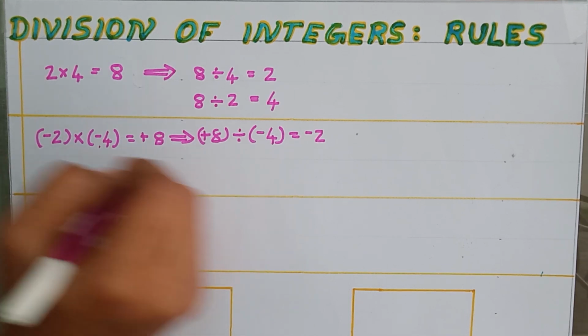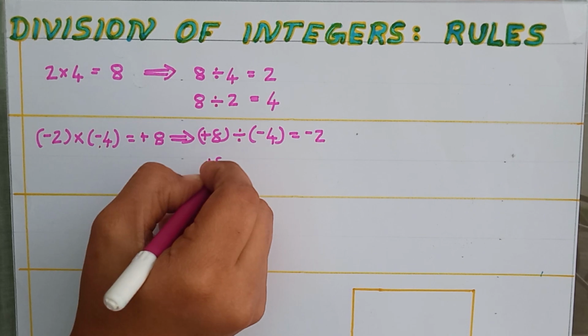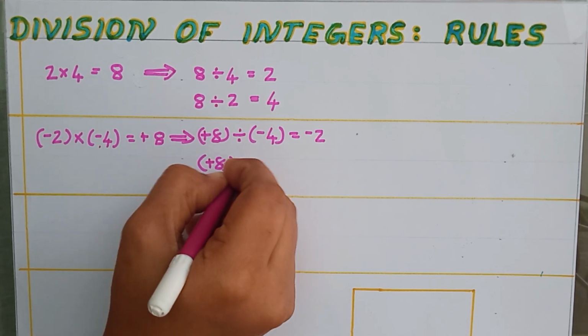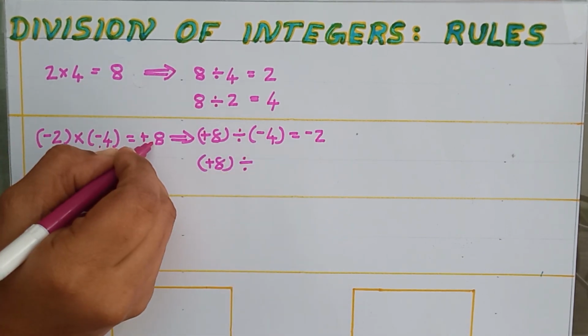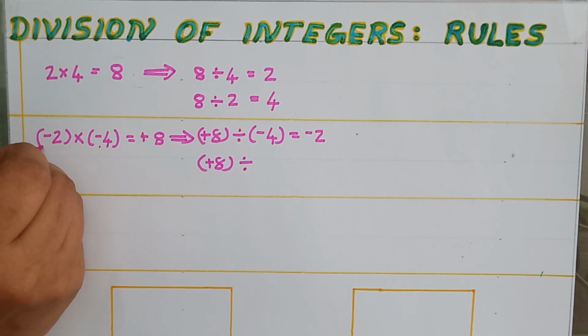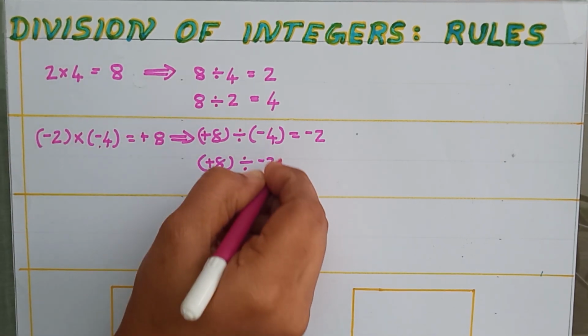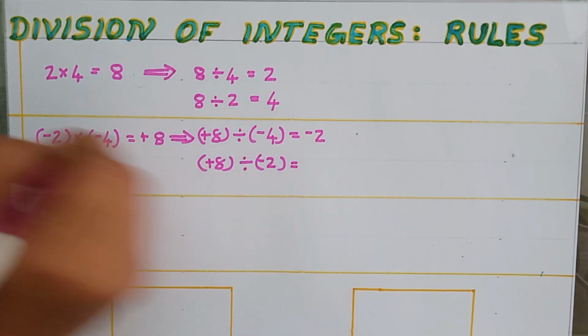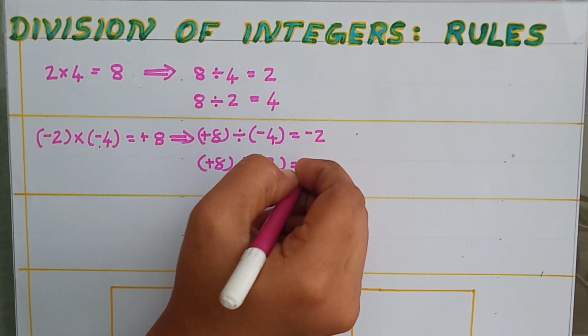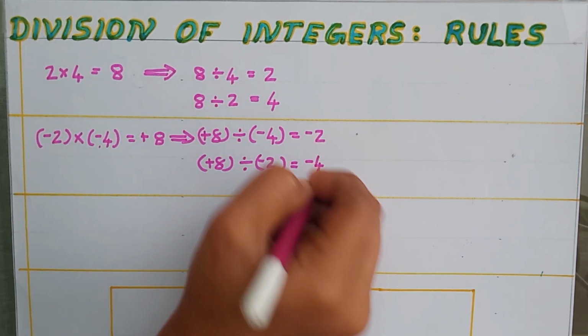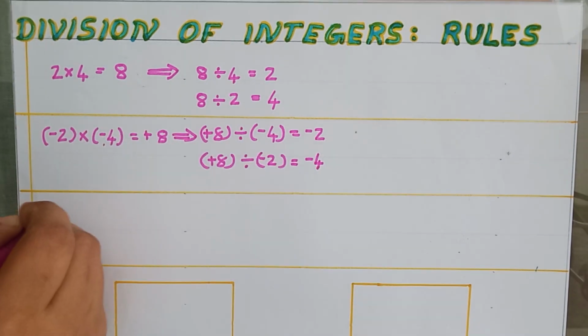Again, plus 8 divided by -2. What is the remaining number here? -4 equal to -4. Okay.